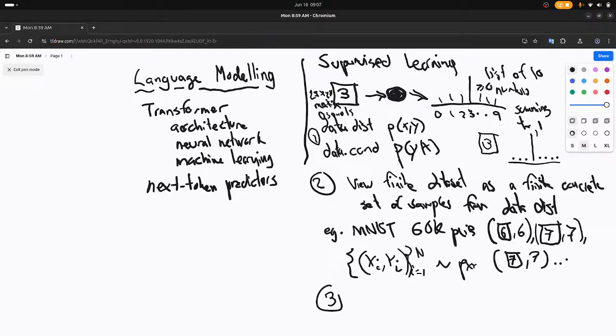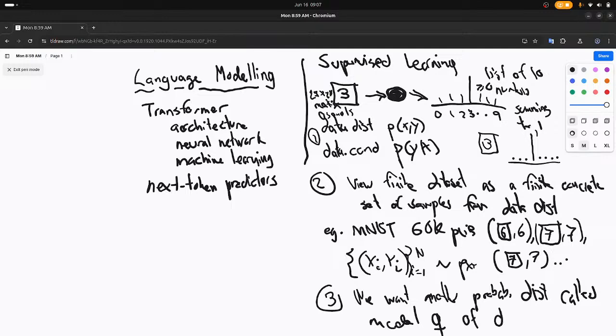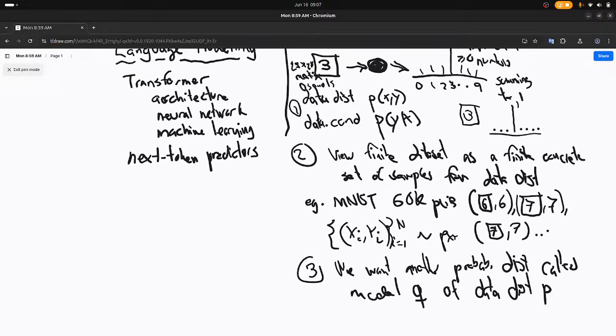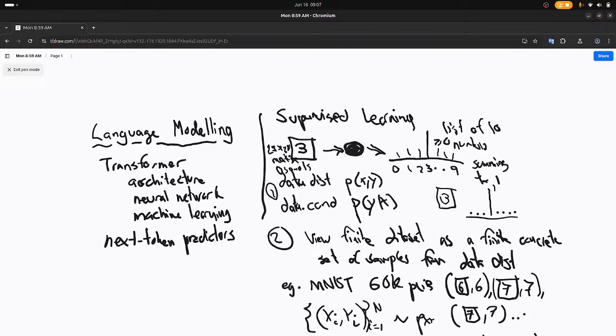Then the third thing is we want another probability distribution called the model, Q, of the data distribution P. So we want that for an image, there is an ability for us to tell 10 positive numbers that sum to 1 that act as a good estimate.